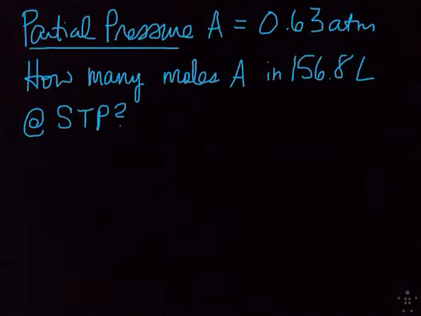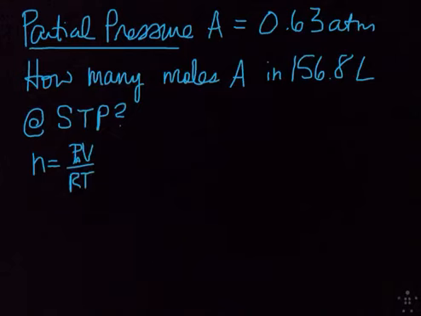So whether it's partial pressure or total pressure, it still follows the exact same principles. So we know the number of moles is going to be pressure times volume over RT. Here it just happens to be the partial pressure instead of the total pressure. And so the total pressure isn't actually going to impact us at all. It's STP, but we only need that in order to figure out the temperature.